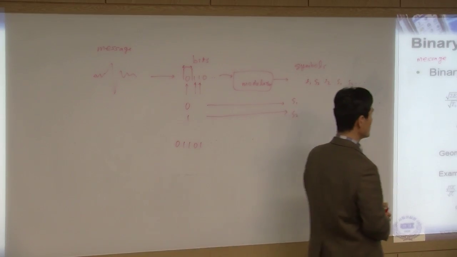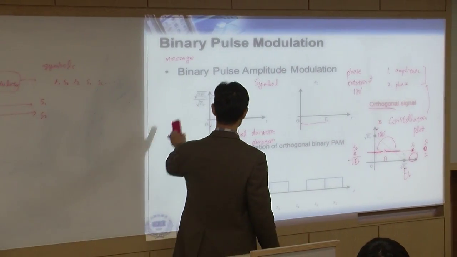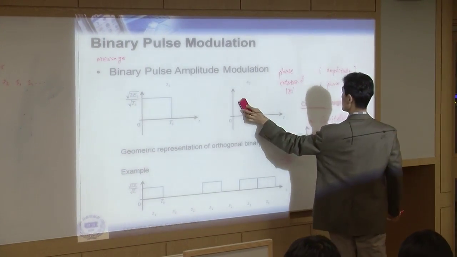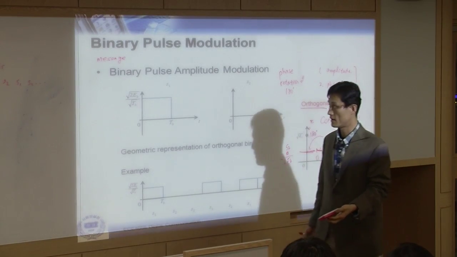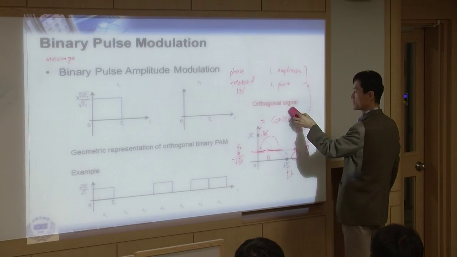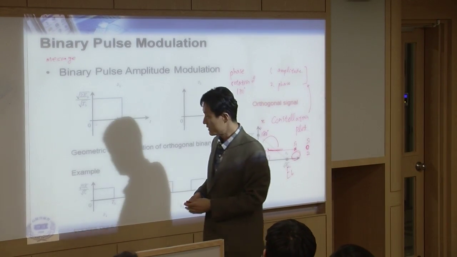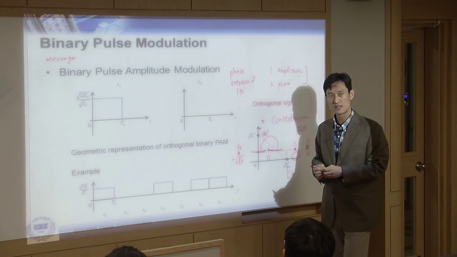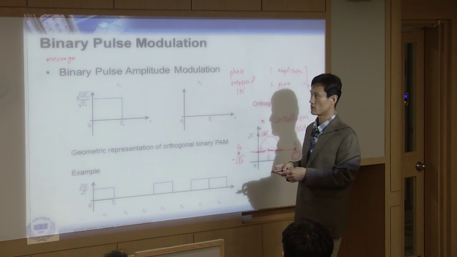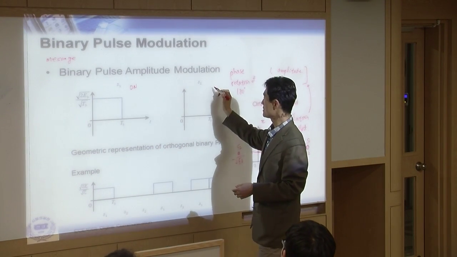Another type of binary PAM is like this, and this type of signal is a little bit different. This is not antipodal. Instead, we call this orthogonal signal. This is simply called on-off type. Maybe that's easier to understand, right? This means on. This is off.